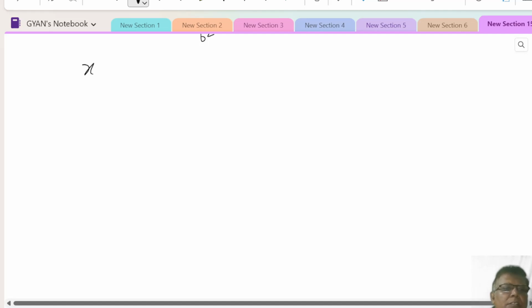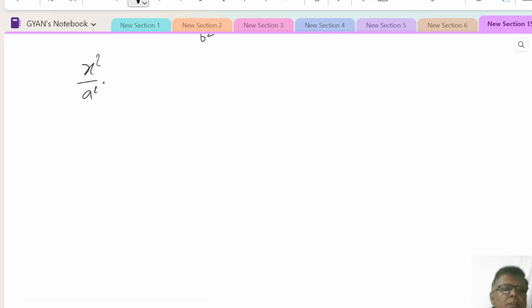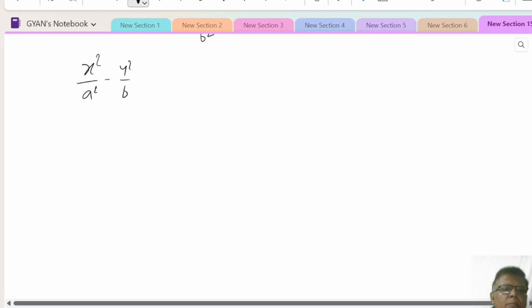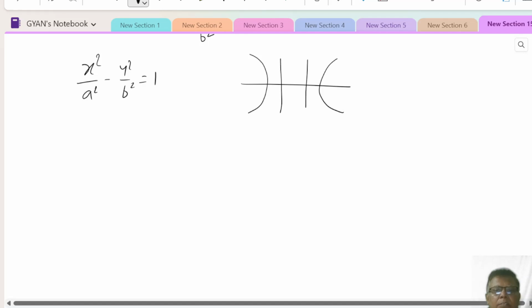So if equation is x square by a square minus y square by b square is equal to 1, then curve will be like this. Here two directrix will be there and one origin will be there. So this equation, this is 0 0.